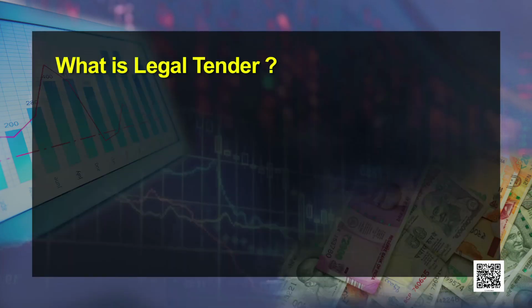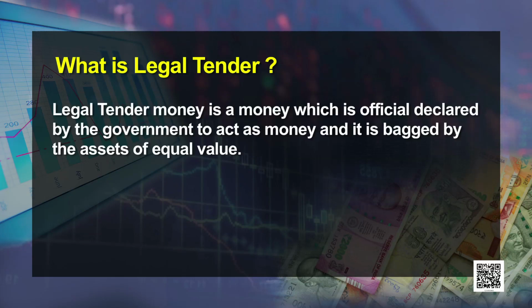So when we talk about the monopoly rights of issuing currency, we also talk about the fact that the currency issued by the central bank is legal tender. Now what do you mean by legal tender? Legal tender money is money which is officially declared by the government to act as money. And the most important thing, it is backed by assets of equal value.